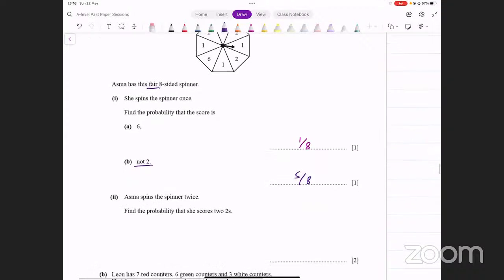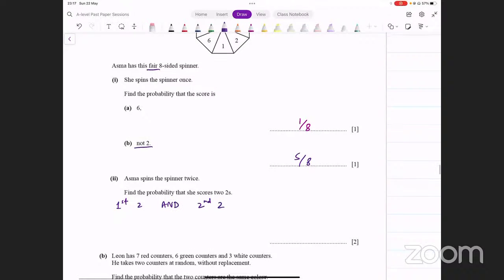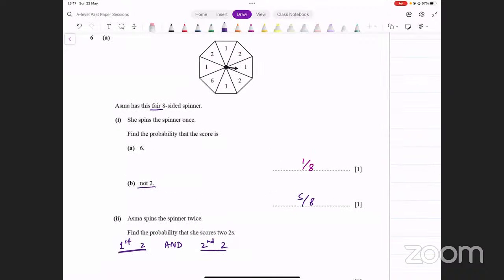Now it says Asma spins the spinner twice. Find the probability that she scores 2 2s. Okay. 2 दफा spin किए, दोनों दफा 2 आ जाए. इसका क्या मतलब है? You have first time 2 आ जाए, and you've got second 2. First time भी 2 आए और second time भी 2 आए. ठीक है? First time 2 आने की probability कितनी है?